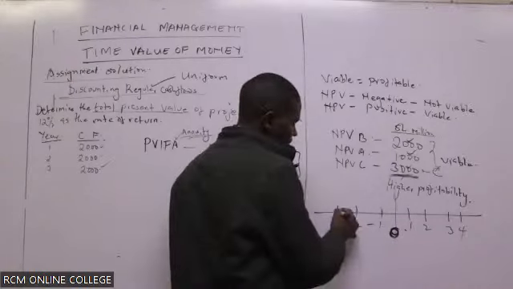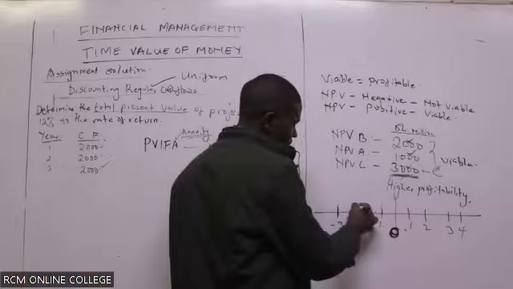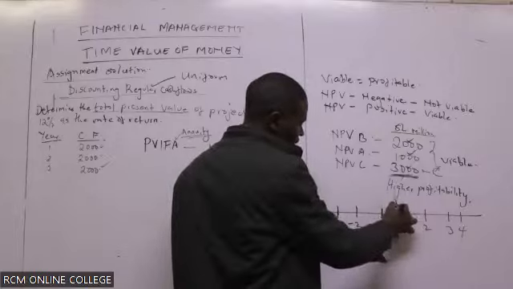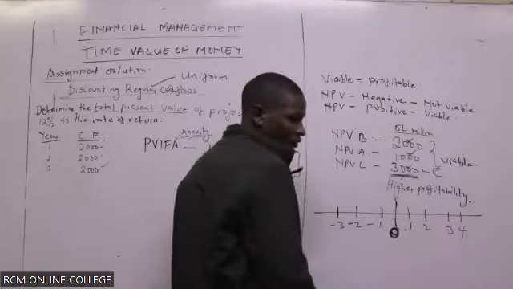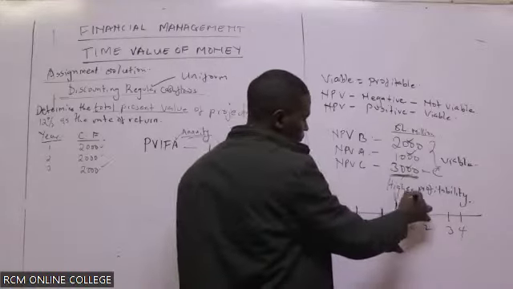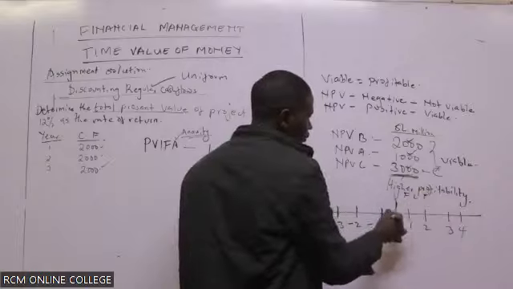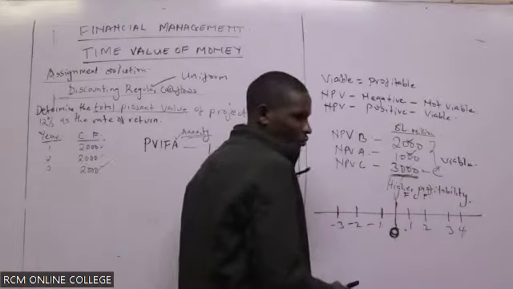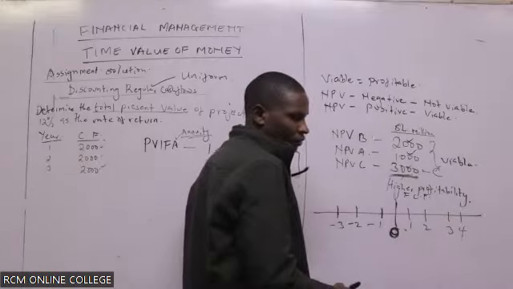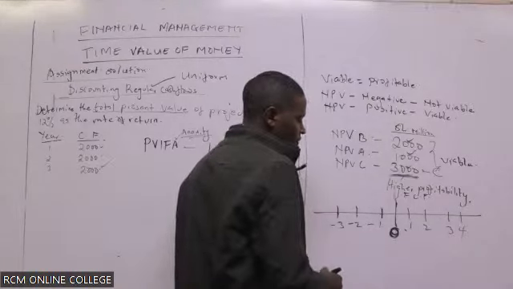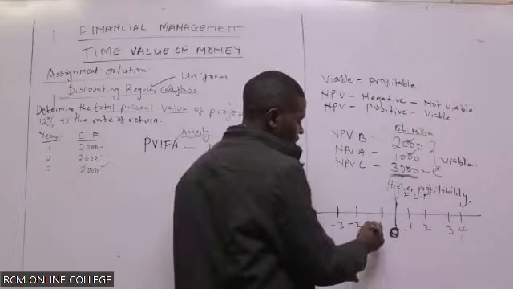We have future value or future cash flow, and we want to bring it into the present. So what do we do? We go backward.